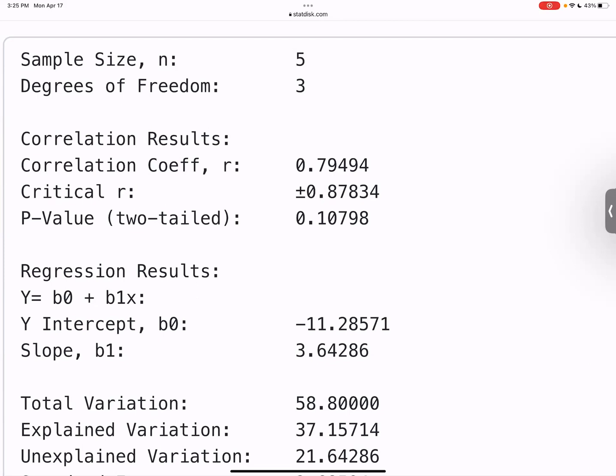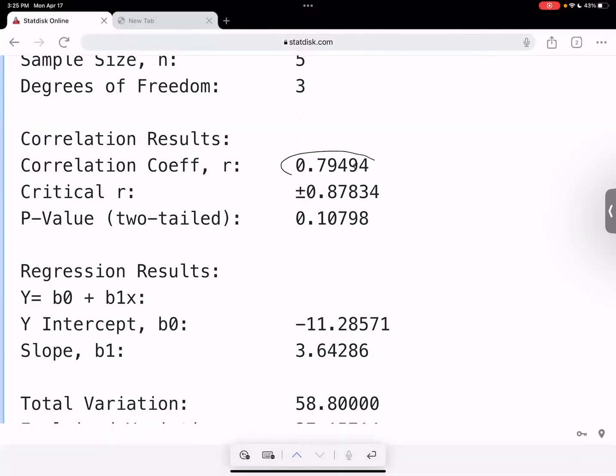And the critical value is 0.878, right? And we said we must get this value greater than or equal to this one, and also this p-value must be less than 0.05.